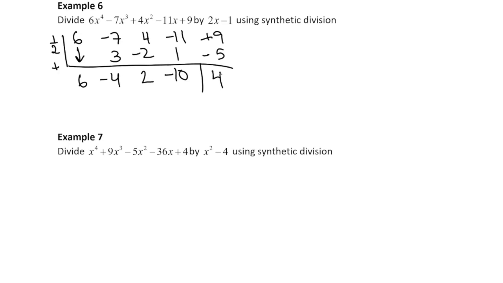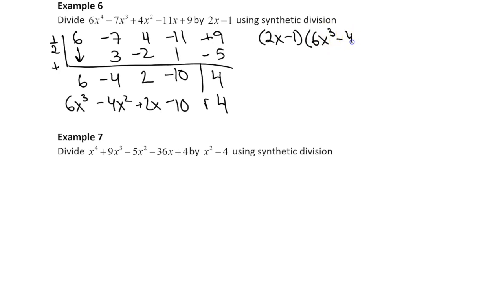If we were to put together a division statement for a quotient that had 6x cubed minus 4x squared plus 2x minus 10 with a remainder of 4, we could say, okay, well, that means that my divisor, 2x minus 1, times my quotient of 6x cubed minus 4x squared plus 2x minus 10, plus my remainder of 4, that should be equal to my dividend, my original.